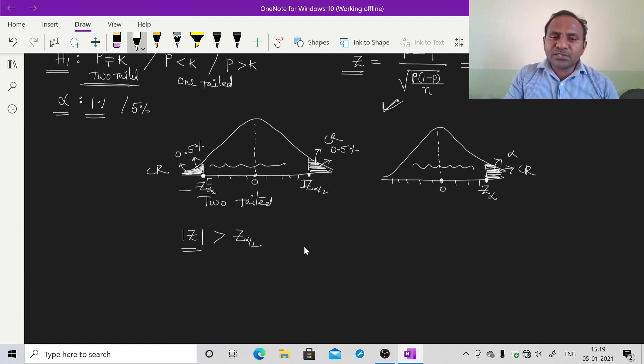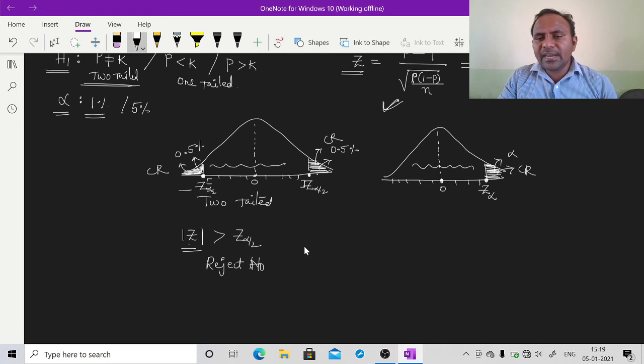So you compare these two, and once it is more than this tabulated value, we have to reject the null hypothesis H naught, because this z value is coming under the critical region.